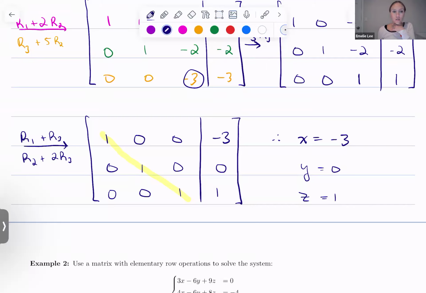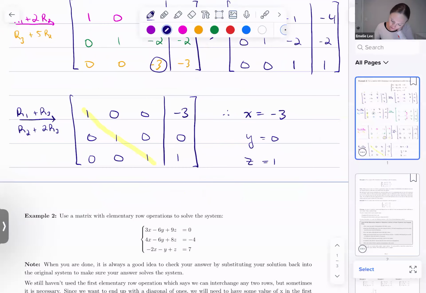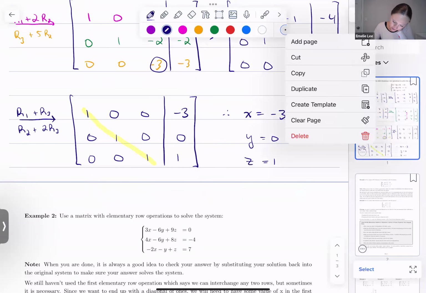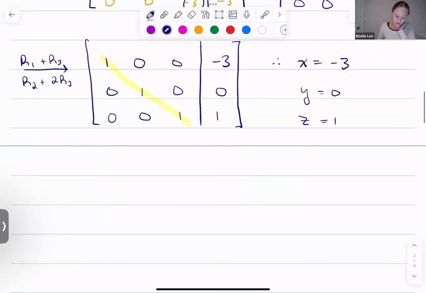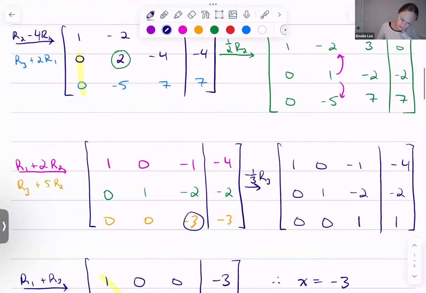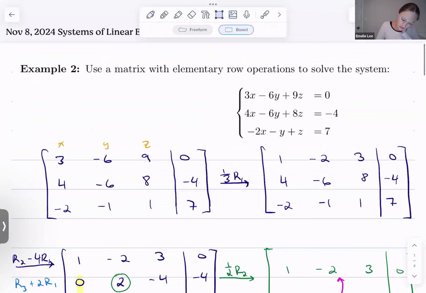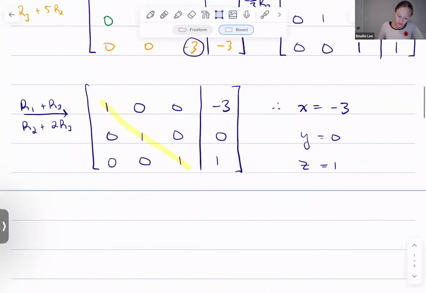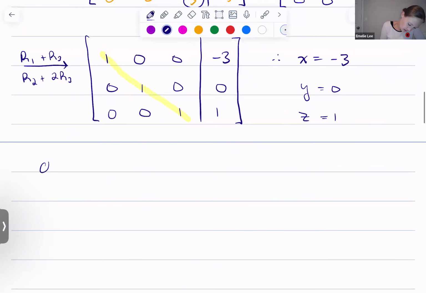You can always check your work. I'll add a page here. Because this solution should satisfy all of these simultaneously, right? And so check your work.